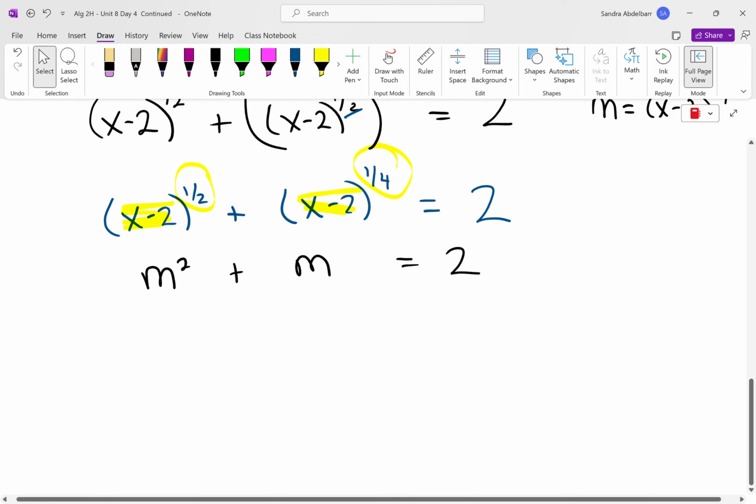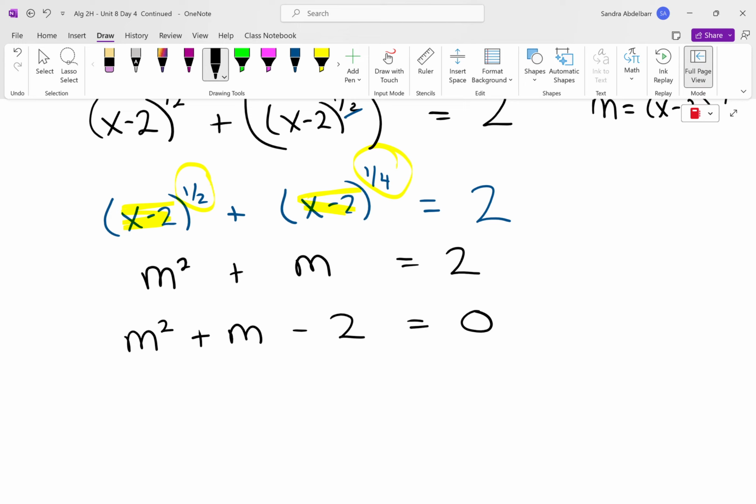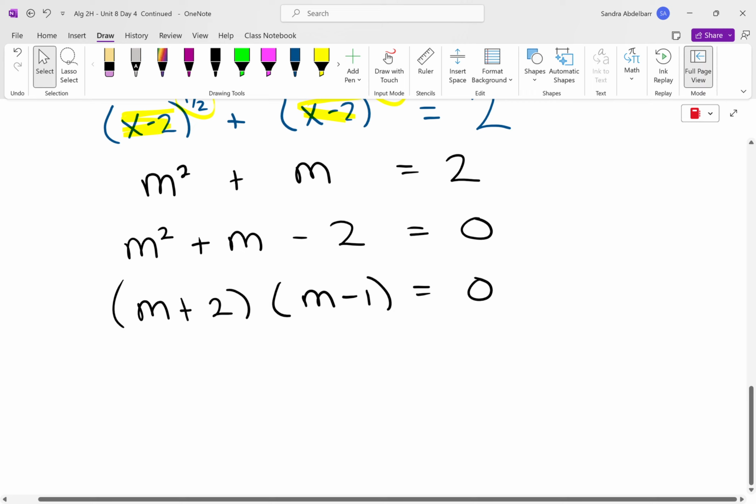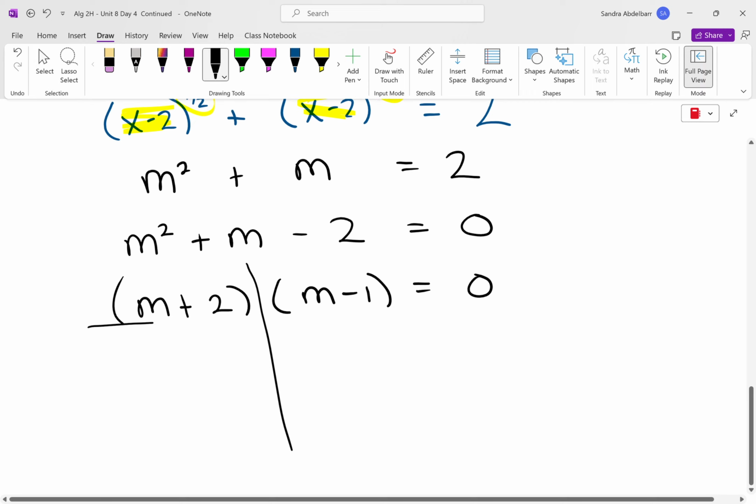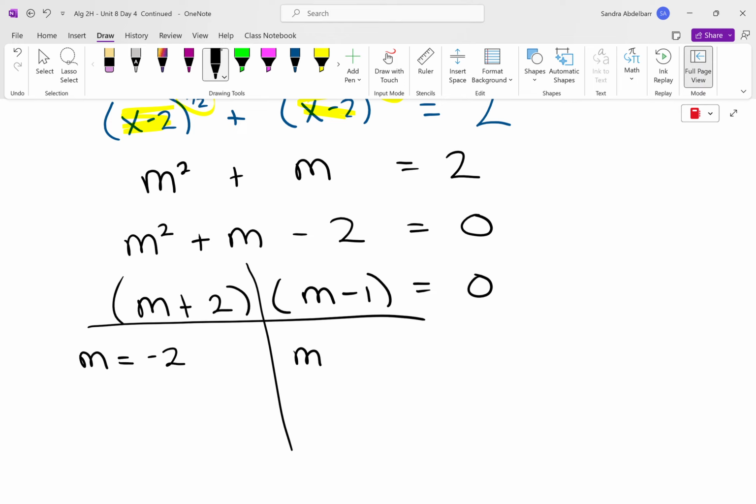I'm going to move that 2 over, and I will factor. So m squared plus m minus 2 is equal to 0. Easy peasy factoring. And then we solve for m, and we get m equals -2 and m equals +1. We do not stop here.